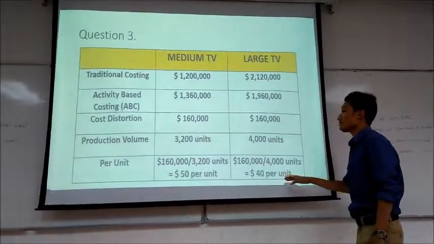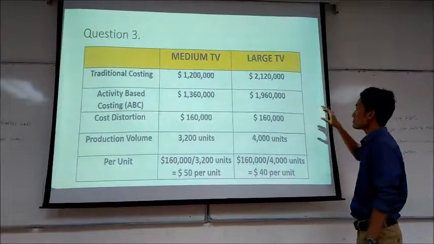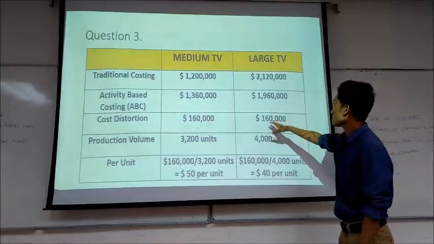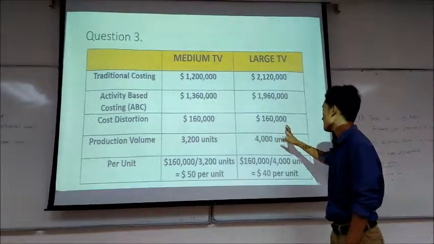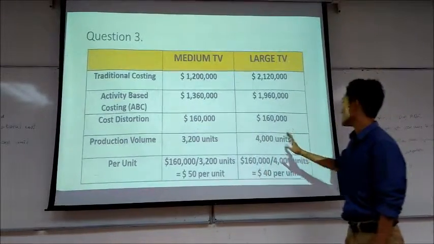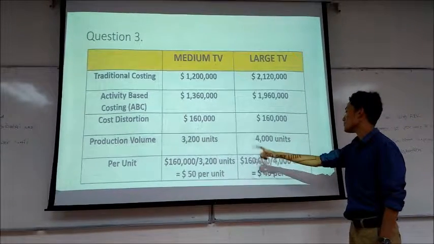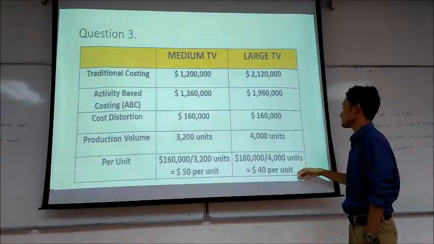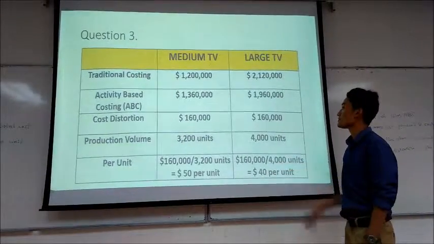And in order to get the per unit value for the large TV, you divide cost distortion by the production volume, that is 160,000 divided by 4,000 units, and then you get $40 per unit.